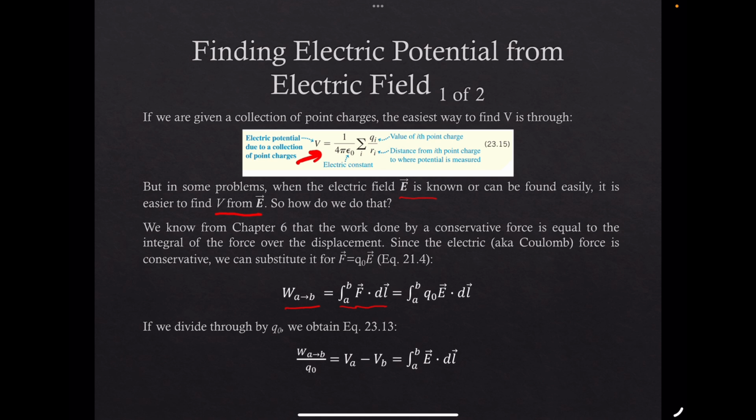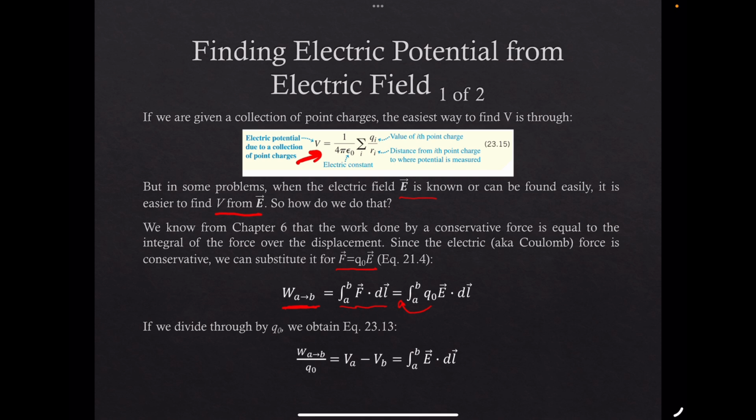So what we can do is substitute what we know about F. What we know about F is that it's equal to Q naught E, right? So if we plug that in for F, we can pull Q naught out because it's just a constant. And what we see is that the work done is equal to the integral of E dot dl, with a Q naught factor in the front. Now, what if we scale everything by Q naught?